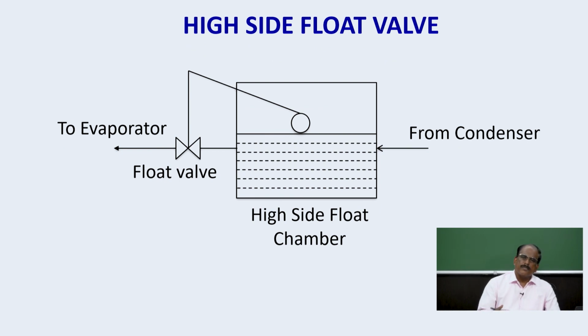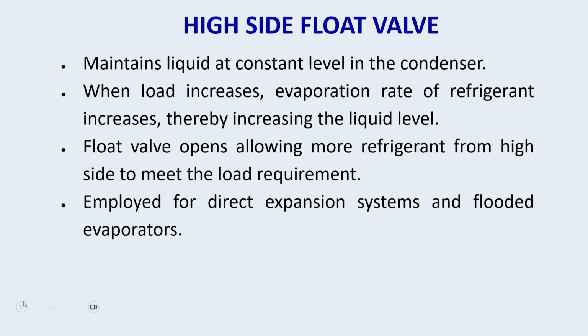So there is a sufficient quantity of liquid refrigerant in the evaporator. The valve opening and closing is according to the rate of evaporation and the amount of liquid refrigerant present in the evaporator. When the load decreases, the evaporation decreases, thereby increasing the liquid level. The float valve opens, allowing more refrigerant from the high side to meet the load requirement. It is employed for direct expansion systems and flooded evaporators.